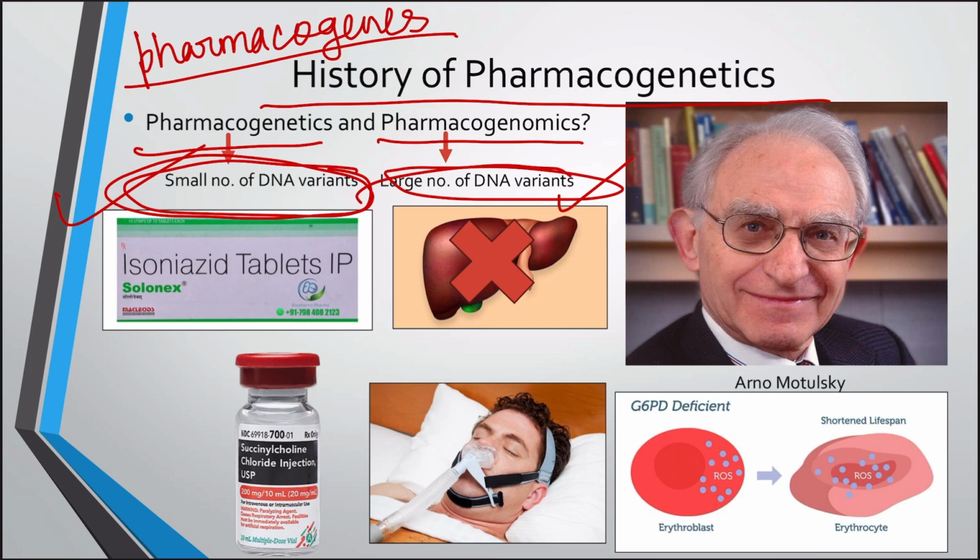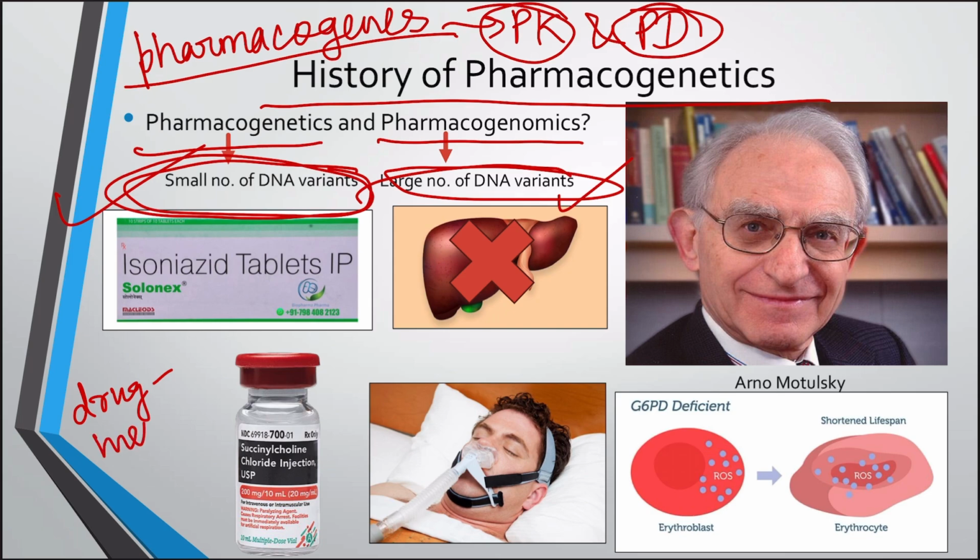Pharmacogenes may influence the drug response via variable drug concentrations, that is, they can affect the pharmacokinetics, or via variable drug effects, that is, they can affect the pharmacodynamics. Pharmacogenes include those genes which code for drug metabolizing enzymes.